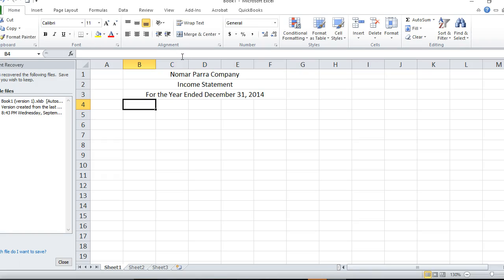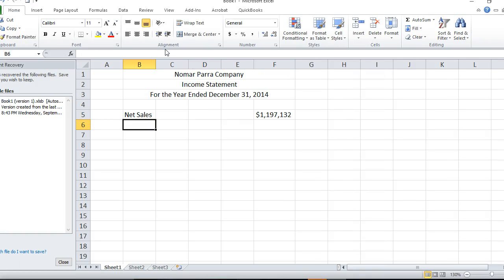Don't forget one of the most important pieces. Then, what's the first thing we're going to do for this multi-step income statement? Net sales. So the first thing we're going to show, net sales of $1,197,132. Then what is so unique about a multi-step income statement we're going to show?